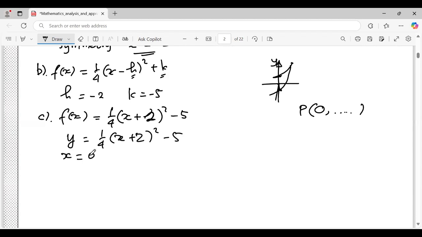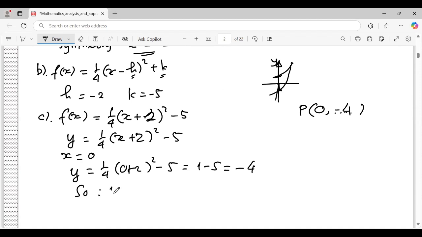So y equals 1/4 (0 plus 2) squared minus 5. And it is 4 times 1/4, which is 1, minus 5, and is minus 4. So we can state that the y coordinate is minus 4.